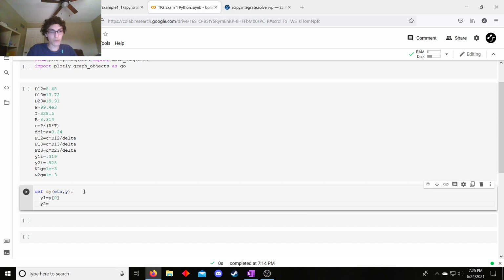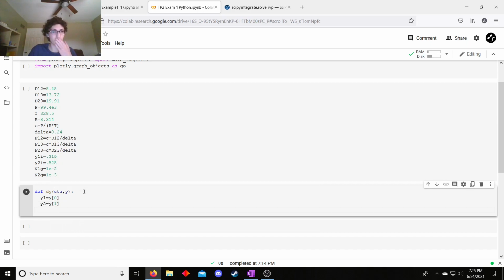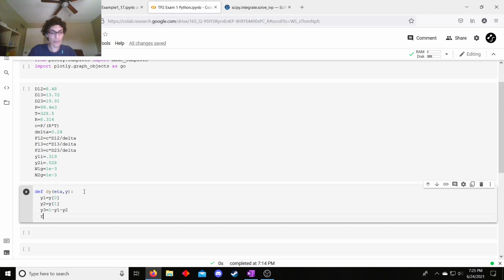Then y2 equals the second number in that array, so that's y[1] for the index 1 in the array. And then finally we have y3, and just from the definition of mole fraction, we can say 1 minus y1 minus y2.